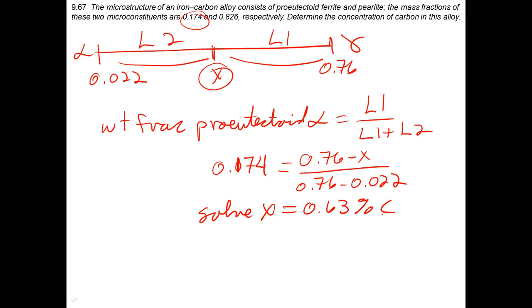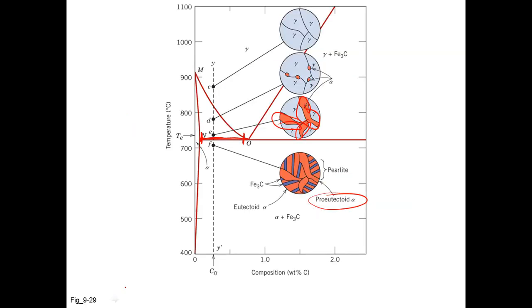And in doing so, I find that the system carbon concentration is 0.63% carbon, which is less than that eutectoid carbon concentration, confirming that we've indeed done the calculation correctly. Here we're somewhere about 0.63% carbon.